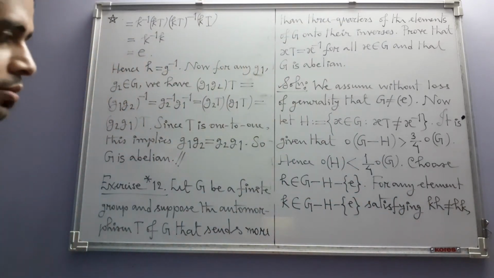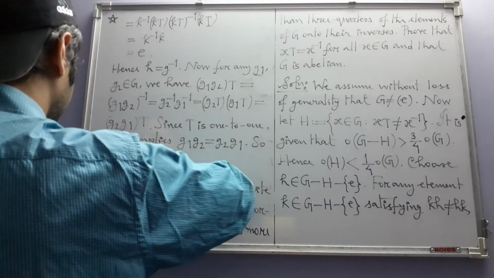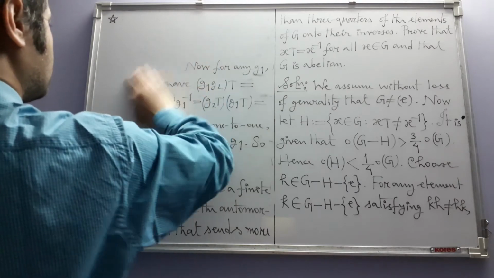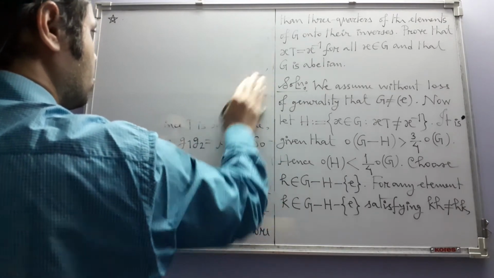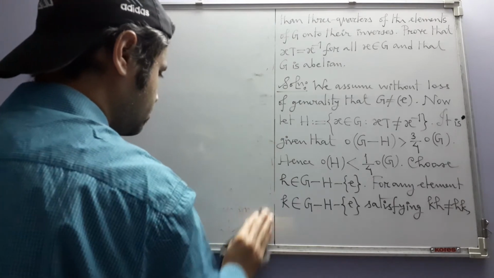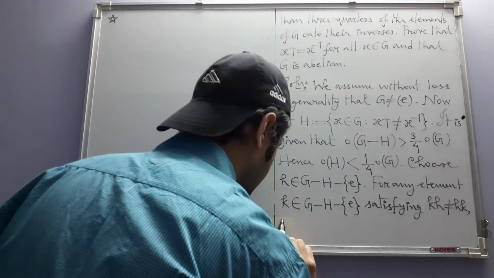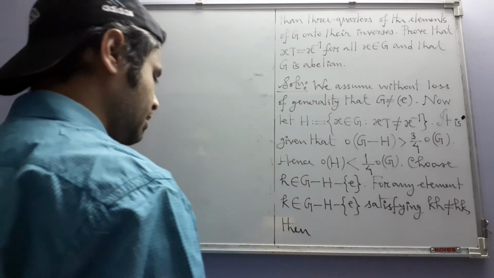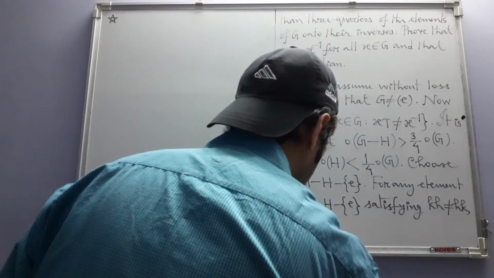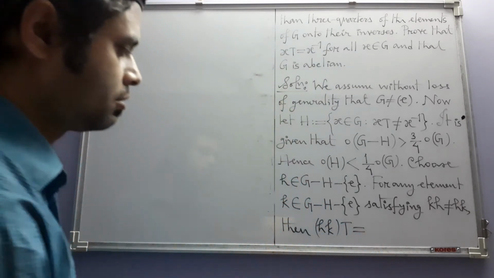If there is some such element k that does not commute with this h, then what happens? hkT is equal to what?